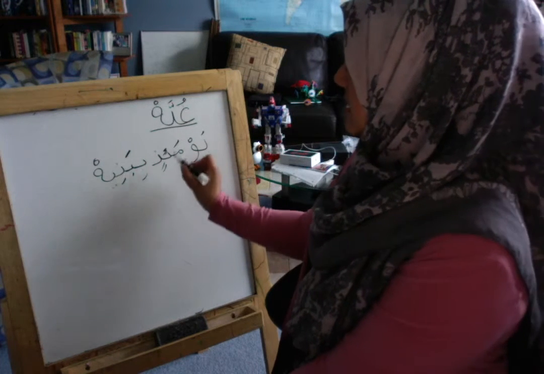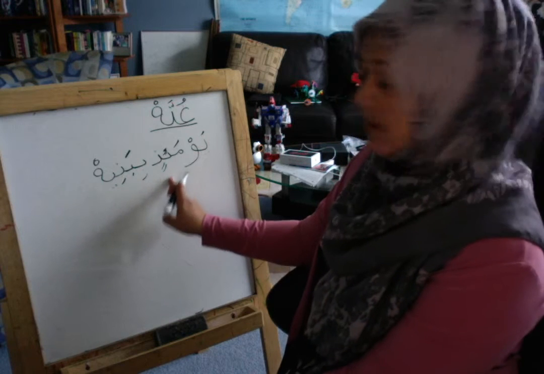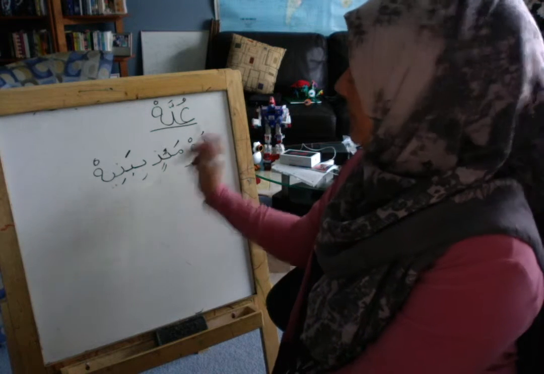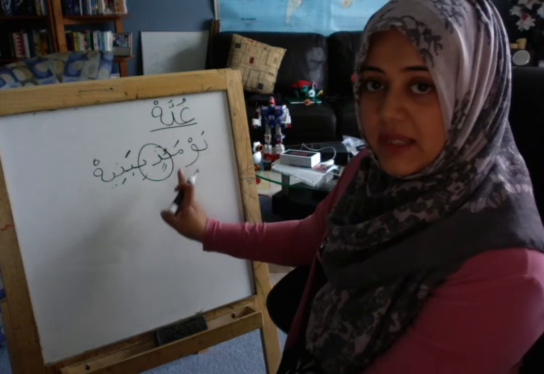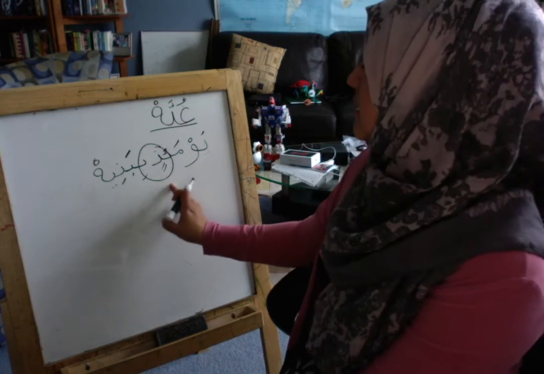Right here you can see where the dhal with the kasratan and the ba join together. يومئذ ببني. You have a ghunna there.